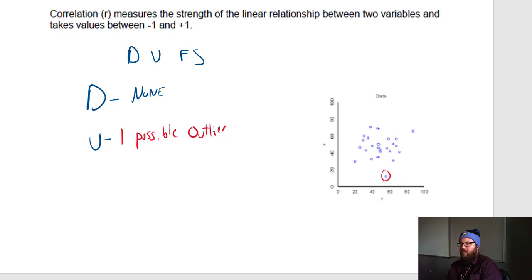Okay, so for the form, since it's not giving us any direction and it's not showing anything, I'm going to say non-linear. And for our strength, because it's so scattered, this is weak.